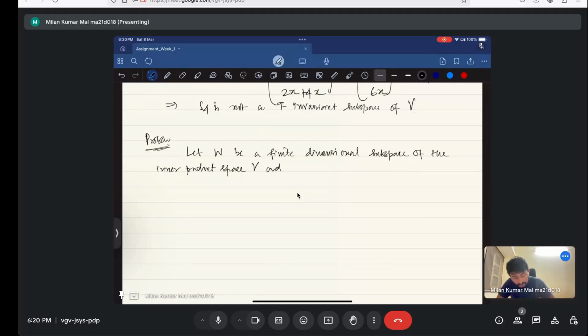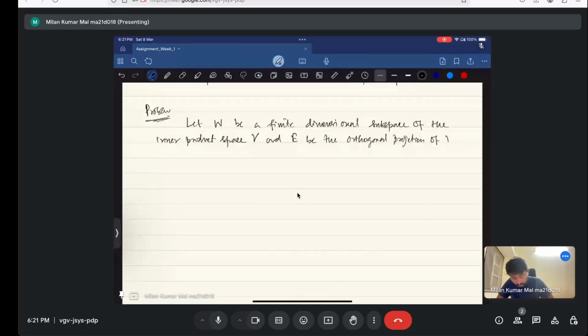Let V be the space and E the orthogonal projection of V on W, and if f(x) is the polynomial x cubed plus 5x squared plus 3x plus 2, let f of E equal A identity plus B E. Then A and B can take which of the following values?